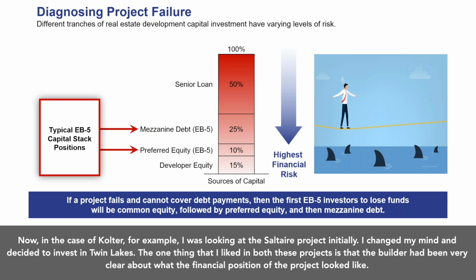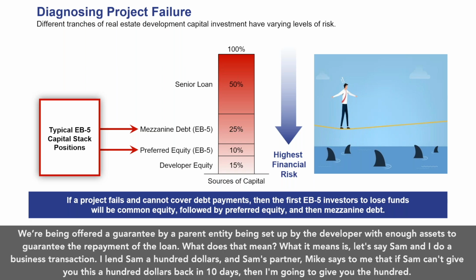Now, in the case of Coulter, for example, I was looking at the Saltair project initially. I changed my mind and decided to invest in Twin Lakes. The one thing that I liked in both these projects is the builder has been very clear about what the financial position of the project looks like. We're being offered a guarantee by a parent entity being set up by the developer with enough assets to guarantee the repayment of the loan.